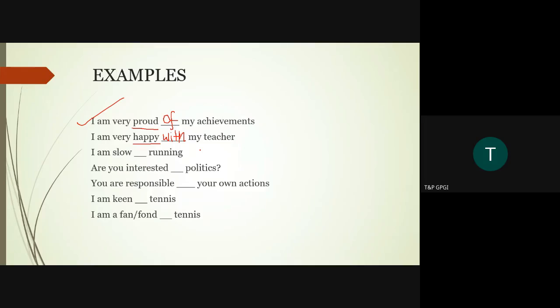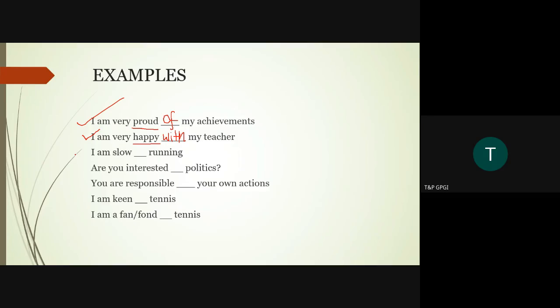But often what I have heard students and people use is "of": I am bored of this game. So that's not a correct sentence. How you can say it is, I am bored with this game or I am bored by this game. So we are done with "of" and we are done with "with". Okay, so moving on.